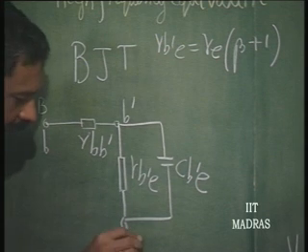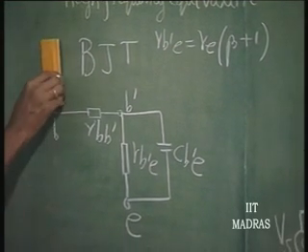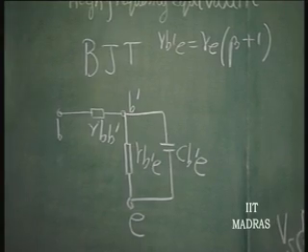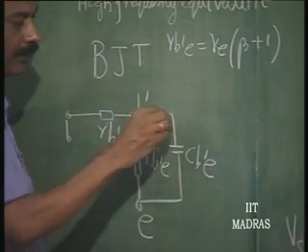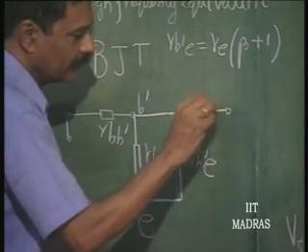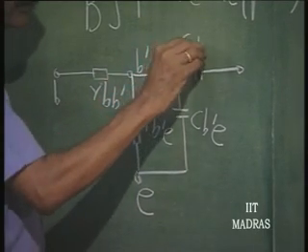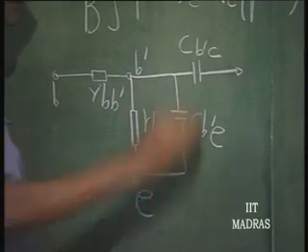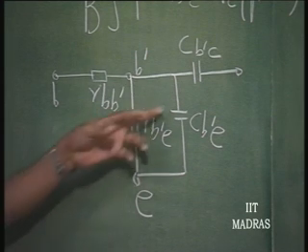So, we have the emitter here. Then from the base to the collector there is a capacitance, because it is a reverse bias junction. So, this is Cb dash C. This is going to be lower in order of magnitude, because Cb dash E is across a forward bias junction.